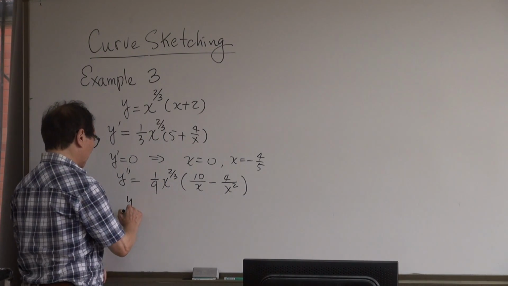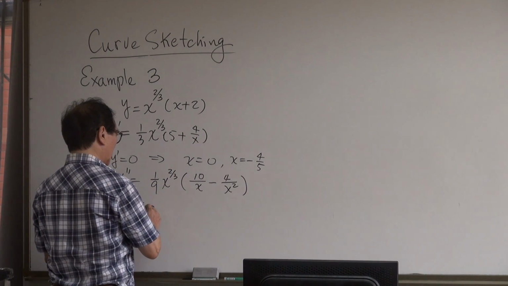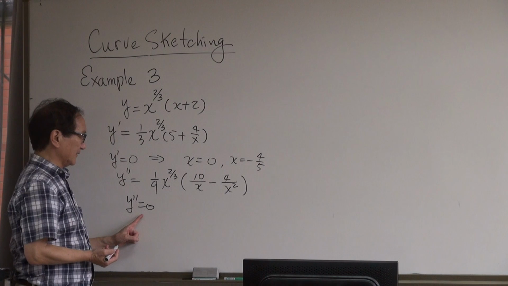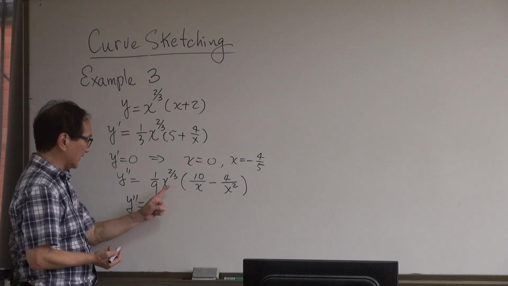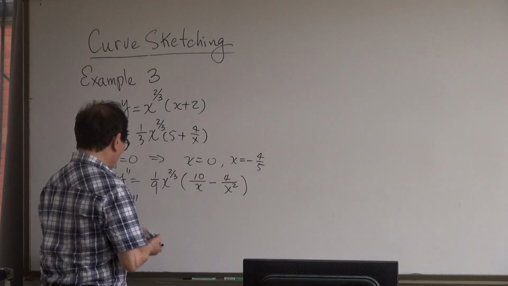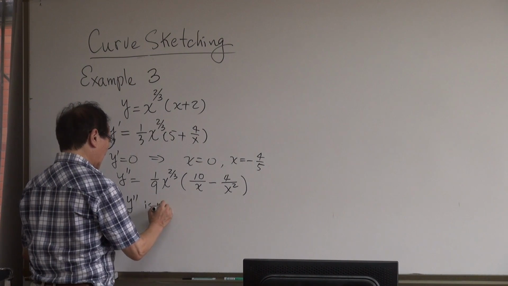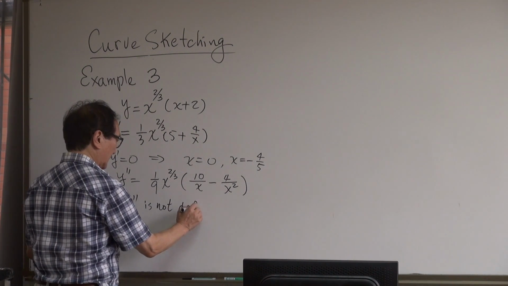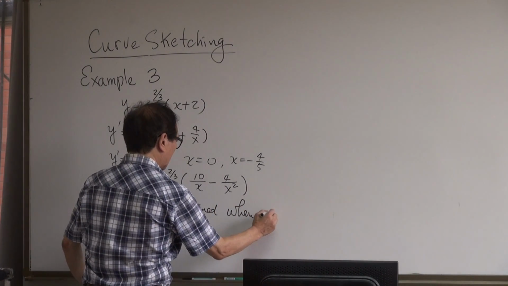And then this one equals 0. This is never 0, right? Because x equals 0 is not defined. So the second derivative is not defined when x equals 0.